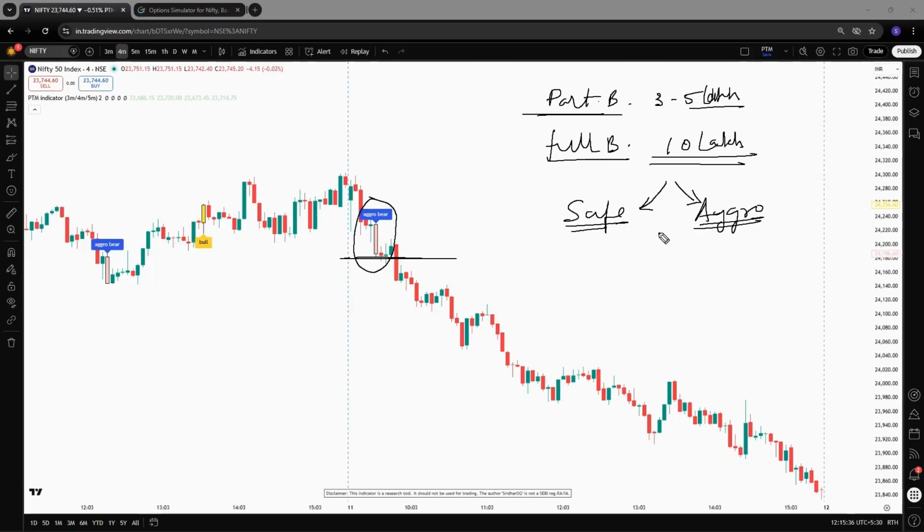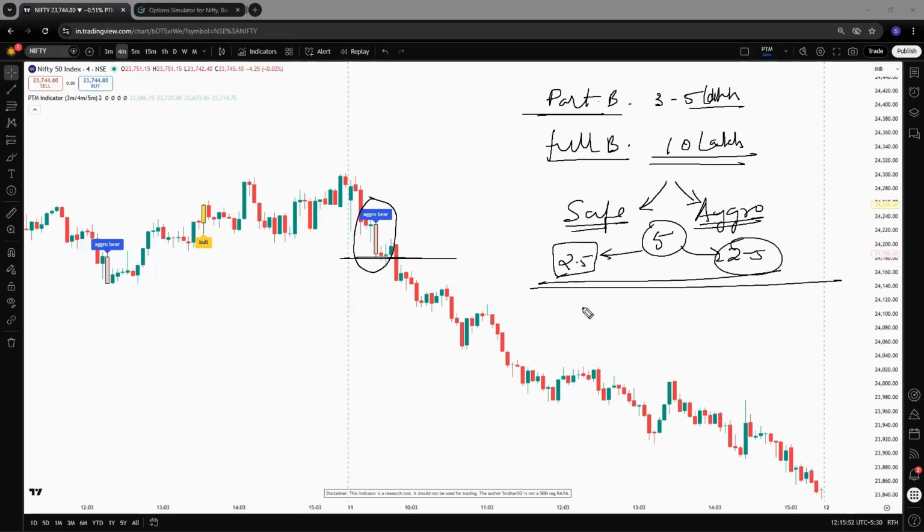For example, I have 5 lakh. I can deploy 2.5 on this and 2.5 on this. All right. This is a simple method. What do I prefer? Now, this I've told you a general idea. What is my preference is that for safe mode, I keep 5 lakh. And for aggressive mode, I prefer to keep 5 lakh.